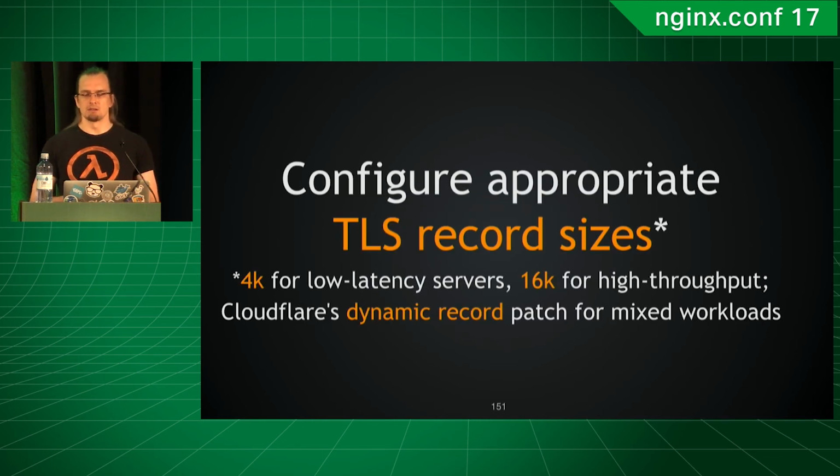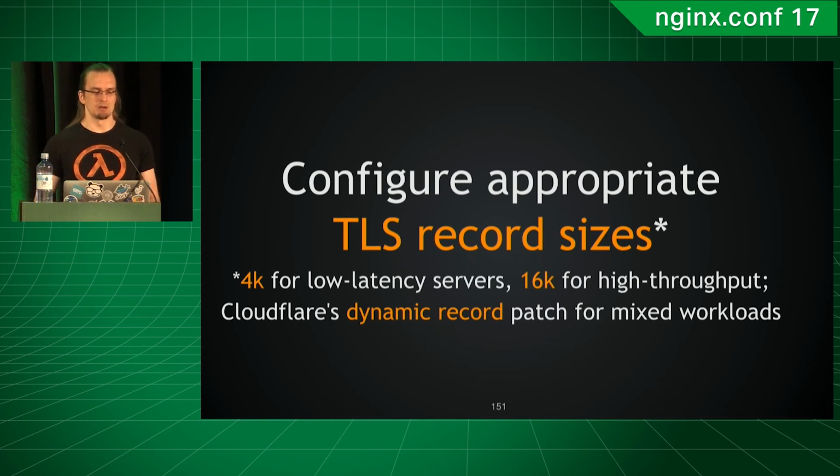TLS record sizes. The main idea is that your TLS library will break down data in chunks. And until you receive the full chunk, you cannot decrypt it. Therefore, during the config generation time, you need to decide what endpoints, or actually that cannot be enabled on a per location basis, so you need to decide what servers are low latency and what servers are high throughput.